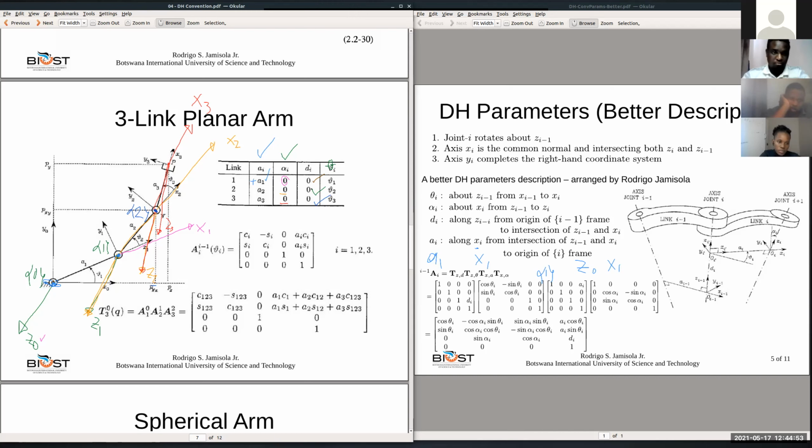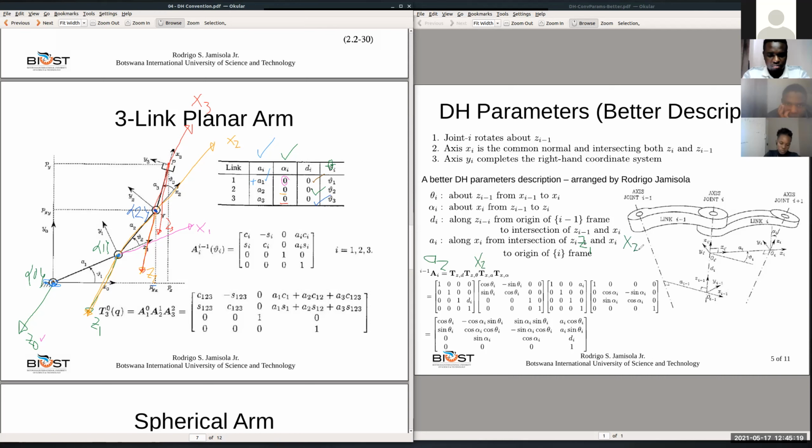So now let's do A2, along again X2. Just follow the pattern. So this one is Z1 and X2.